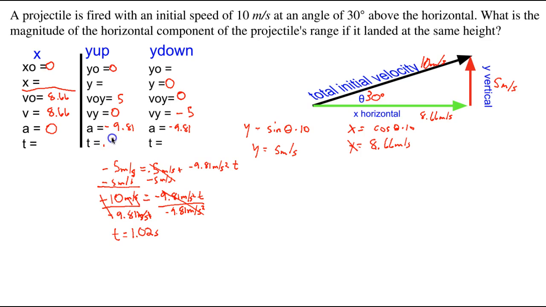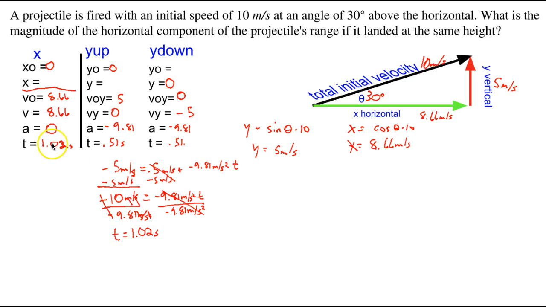That would give me the time for each up and down, 0.51 seconds. So the total time would be 1.2 seconds. That would be my time for my x. Sorry, I got a little ahead of myself.